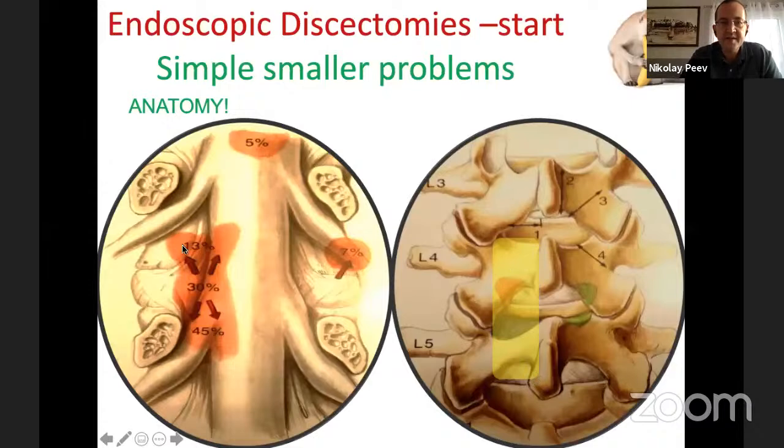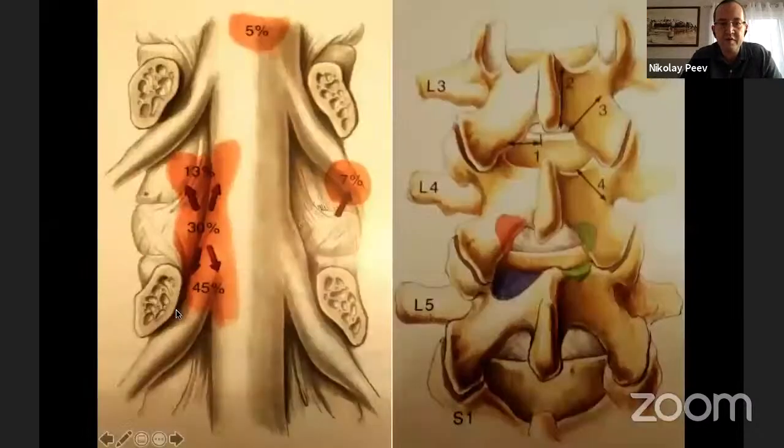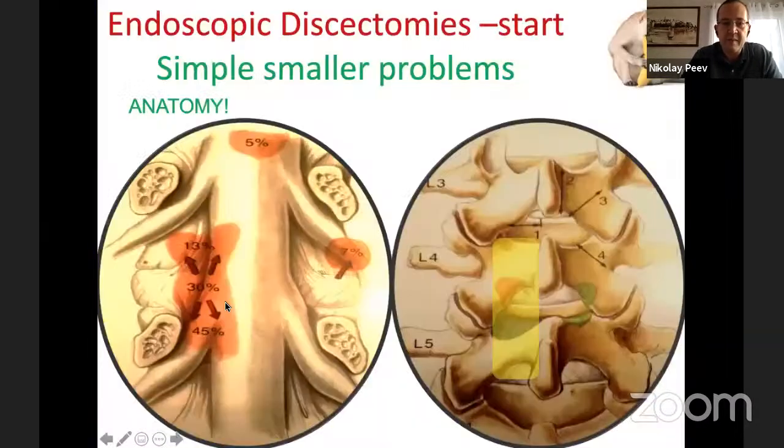And this is the anatomy that we are also able to expose if we do an interlaminar approach, if we do partial hemilaminectomies, if we do laminectomies. We are able to expose this zone here, and this is where most of the disc herniations are happening.